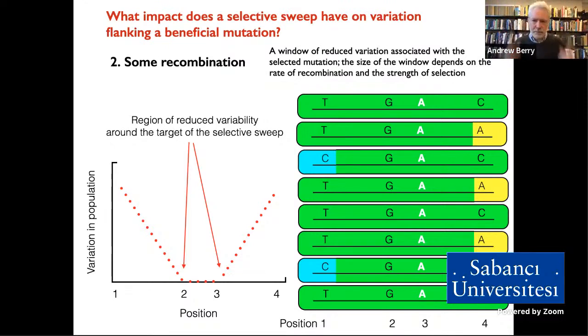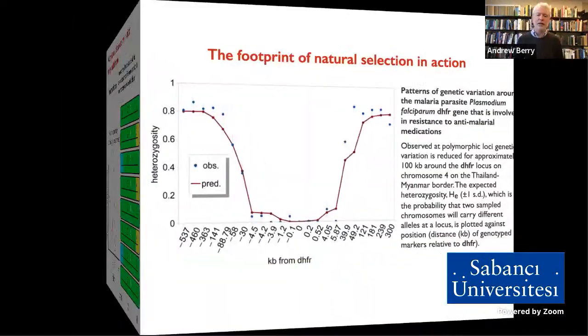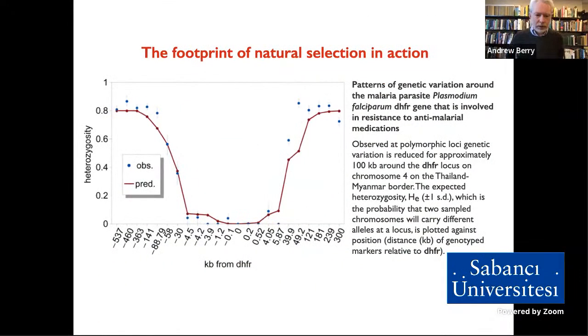But basically the message is this: there is a footprint immediately post selective event where you've lost variation in the population in the region around the key mutation, in this case, our white A mutation. And when we go into nature and look for examples, we find them. This is one I rather like. It's kind of a cool example.